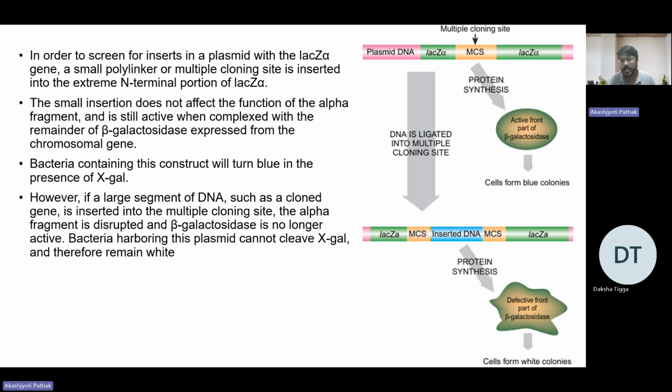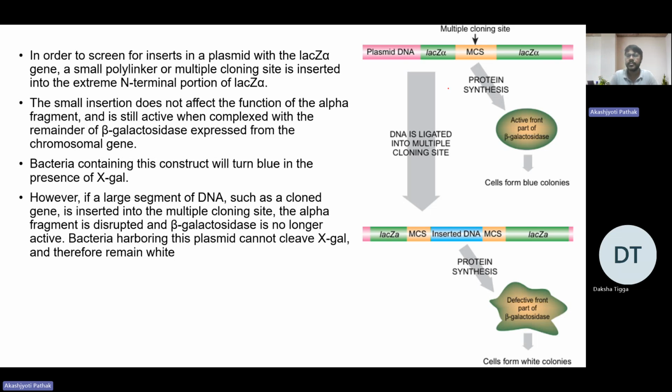You see here, you inserted your gene of interest within this multiple cloning site. As a result, the beta galactosidase that is produced will remain inactive, because the lacZ alpha fragment will not be formed properly. If the lacZ alpha fragment is not formed, then the rest of the protein that is expressed separately will not be an active protein.